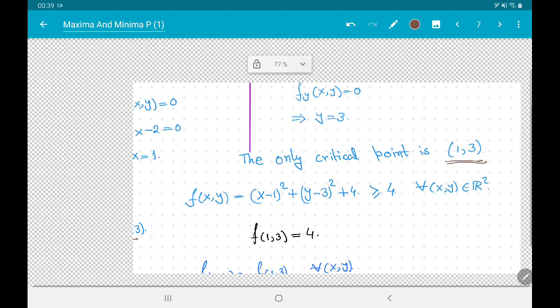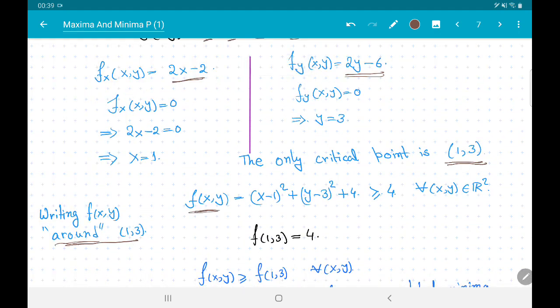A simple expression of f(x, y) can be written as follows. It is (x minus 1) whole squared plus (y minus 3) whole squared plus 4, and you can see that f of (1, 3), if I just put x equal to 1, y equal to 3, then this becomes 0, this becomes 0, and f(1, 3) is equal to 4. But if you look at this whole expression, (x minus 1) whole squared plus (y minus 3) whole squared is always bigger than or equal to 0.